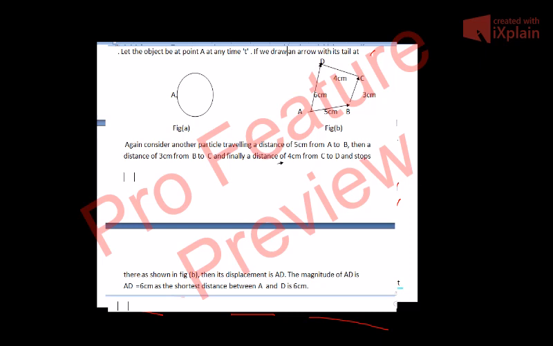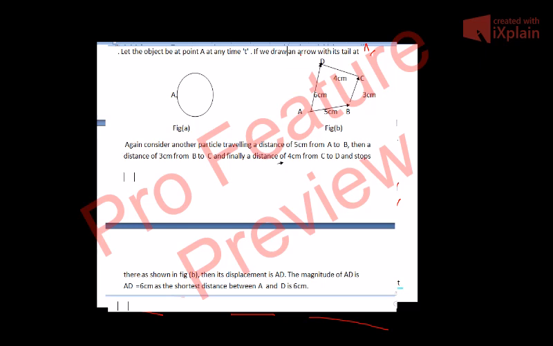Now, what is the displacement? If we draw an arrow with its tail at A and head at D, then AD is called the displacement of the particle, which is 6 centimeters.